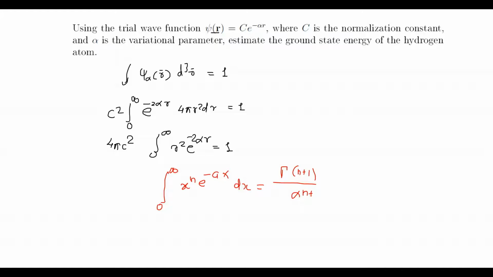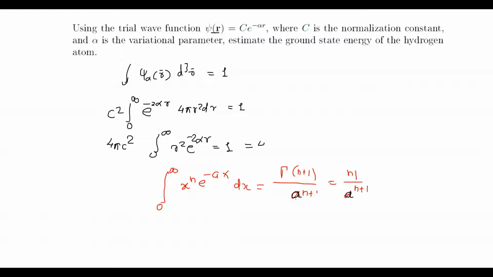And gamma n plus 1 is nothing but n factorial, provided n is an integer; only then can I represent gamma n plus 1 as n factorial. So here if we use this formula, since there is a over here, instead of a we have 2 alpha, so we will just replace this a by 2 alpha, and instead of n we have 2.